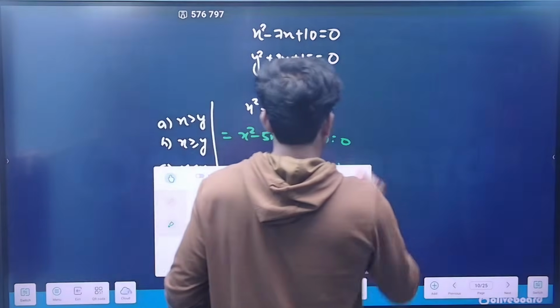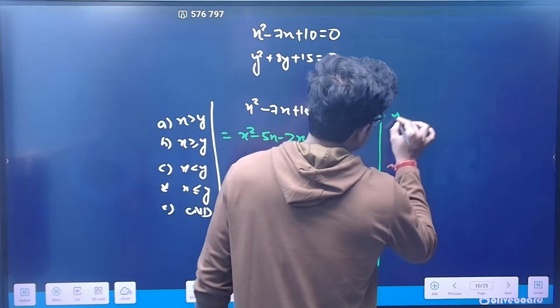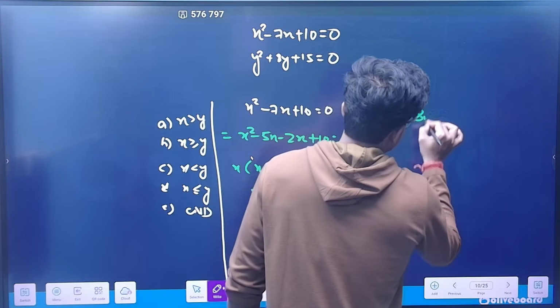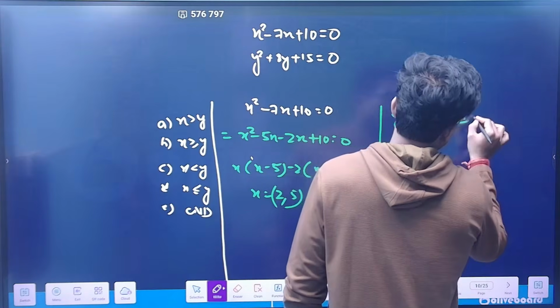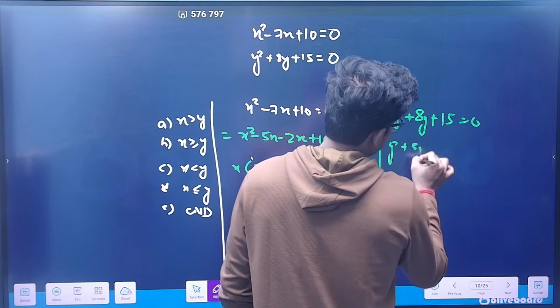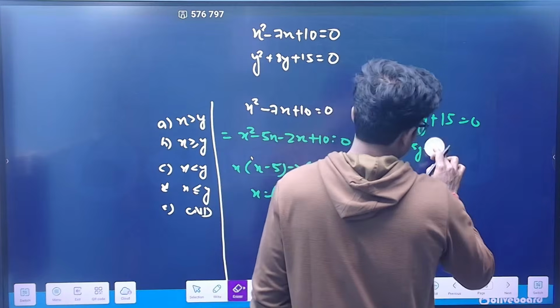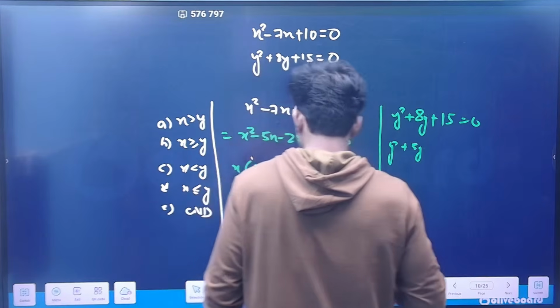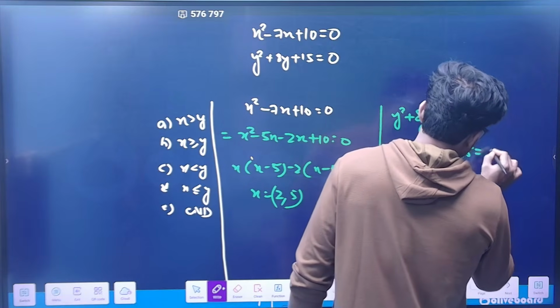Let's come to the second one. Y square plus 8y plus 15. Now you know that 15 should be 5 into 3. So y square plus 5y plus 3y plus 15 equals 0.